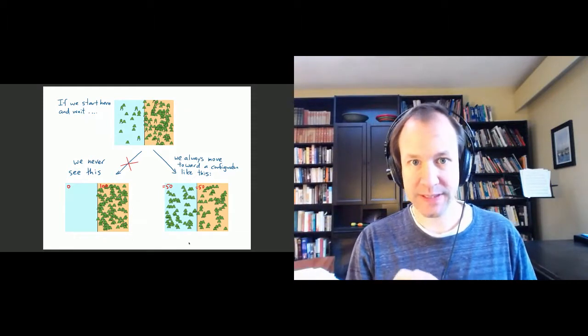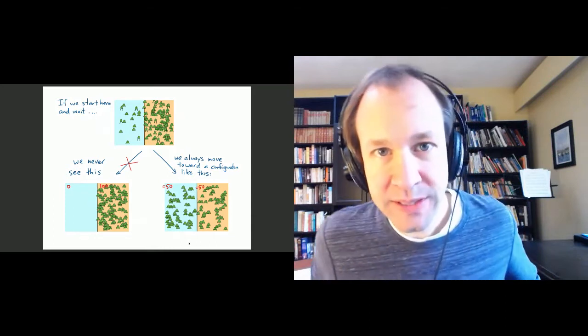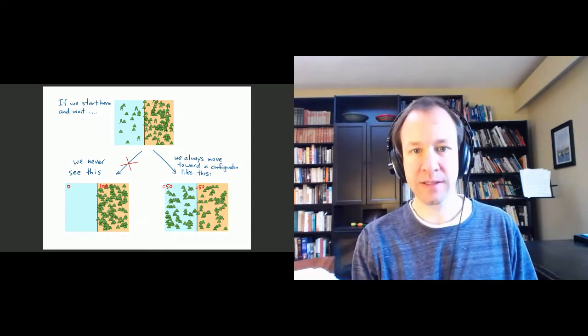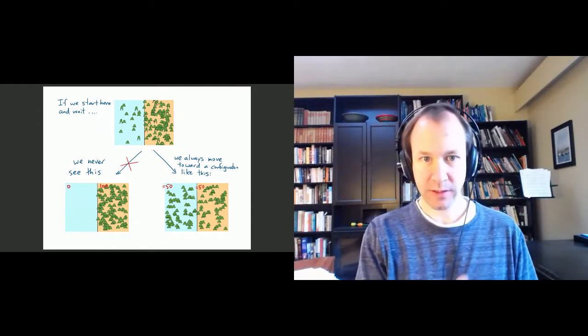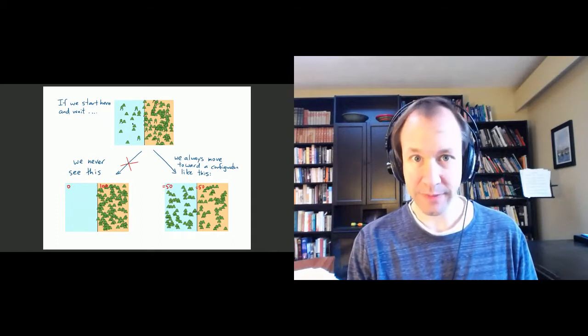What we observed in the simulation was that there was always a net flow of frogs from the region with a higher density of frogs to the region with a lower density of frogs.